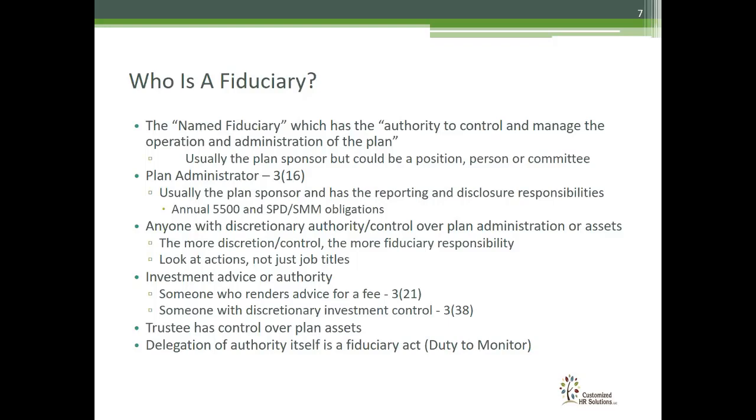But nevertheless, the delegation of that authority or fiduciary responsibility is a fiduciary act, and the individual that had it originally and delegated has a duty to not only prudently select that person, but continue to monitor it. And there has been case law where courts have, you know, kind of stressed that continuing obligation. It's not enough to just appoint a qualified person and then walk away.